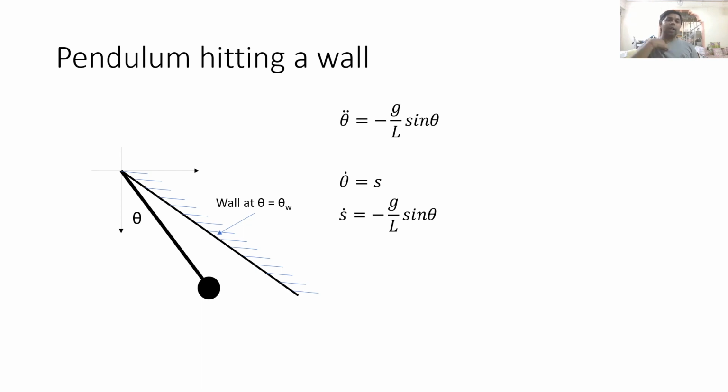So keep track of the time instant at which the collision happens, and then collect the piecewise solution and then combine them together to get the complete solution with respect to time. So that kind of an approach we can take.